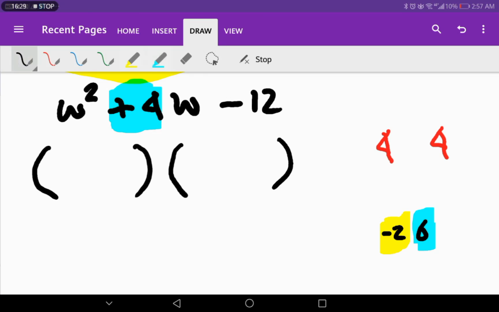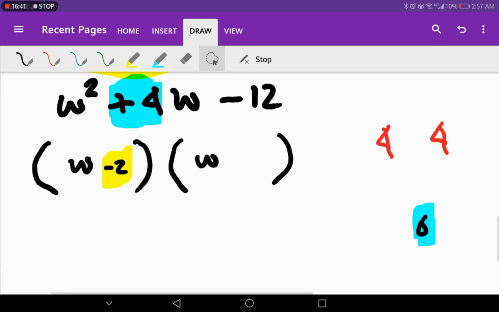So I will write the W here and the W here, and bring this guy here and this guy here. Here, you know, it is positive 6, so you don't hesitate to write positive. Now I come here, I take the first 4, it works here or here, it doesn't matter.